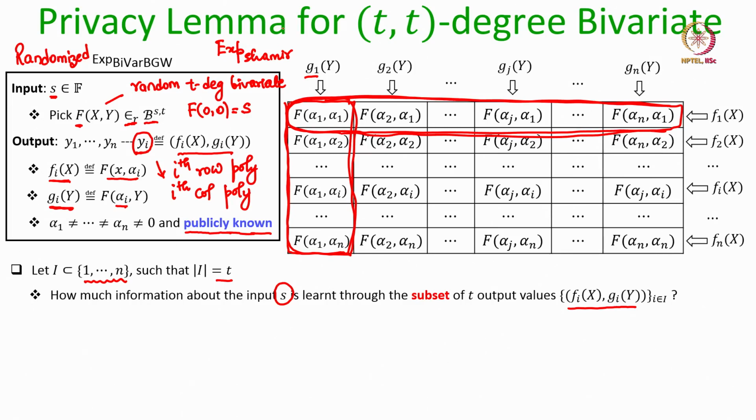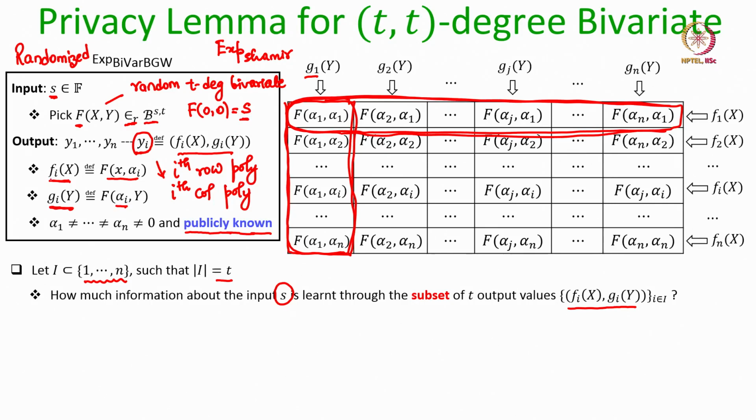Now, what we are doing in this new experiment is we are trying to generalize that Shamir experiment to bivariate polynomials. So, our input is still a single element from the field, and now instead of picking a univariate polynomial, we are picking a random bivariate polynomial whose constant term is this input. And now instead of outputting distinct points, we are outputting distinct univariate polynomials lying on this bivariate polynomial.